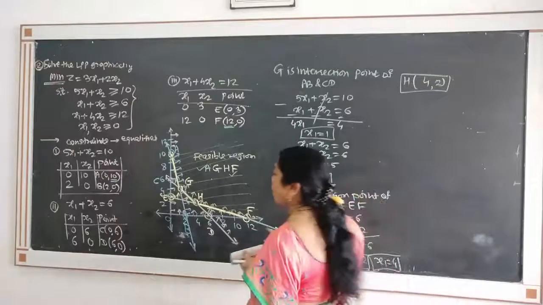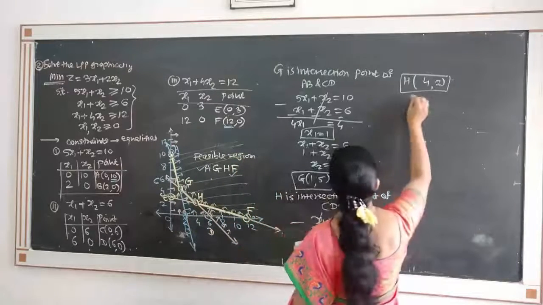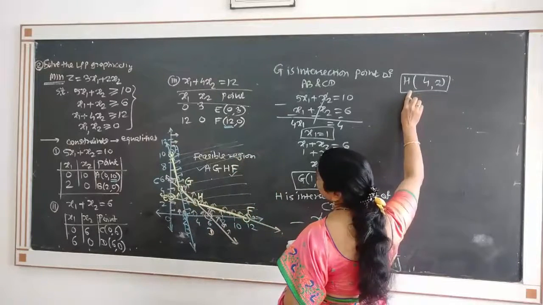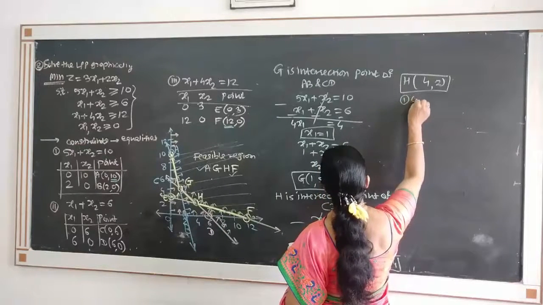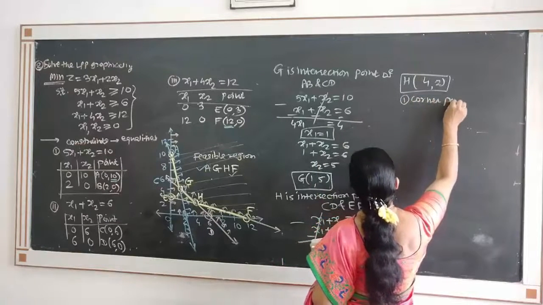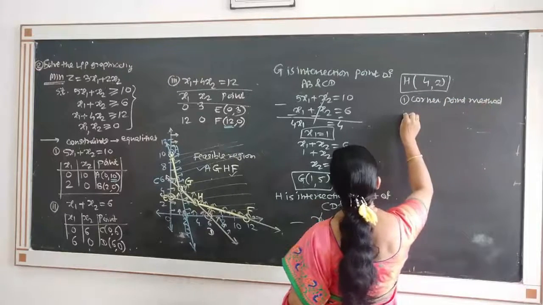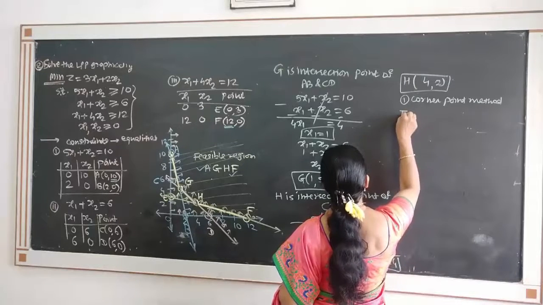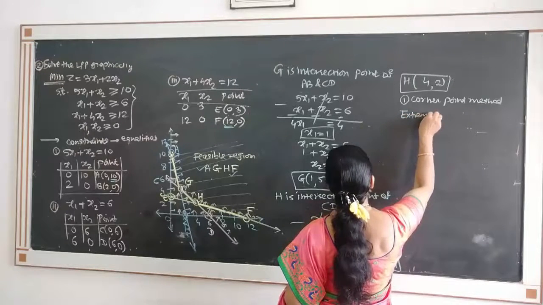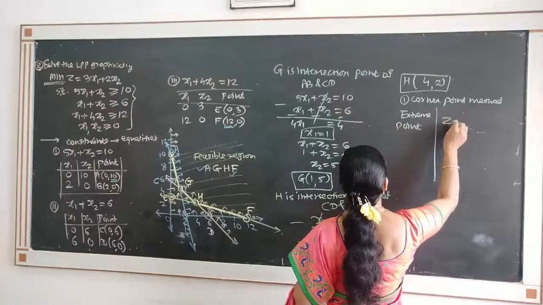So we get all the coordinates A, G, H, F. Once you get all the coordinates of the feasible region's extreme points, we will find the value of Z by the first method. The first method is the corner point method. In the corner point method, we find the corner points, that is the extreme or corner points, and find the value of Z at those points.